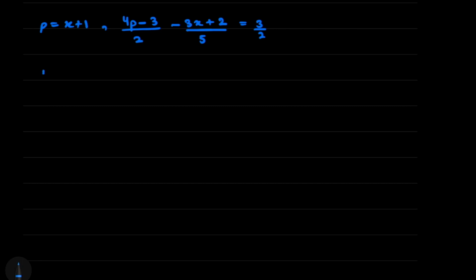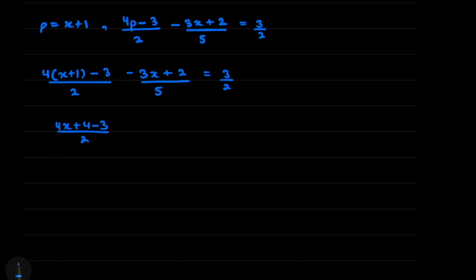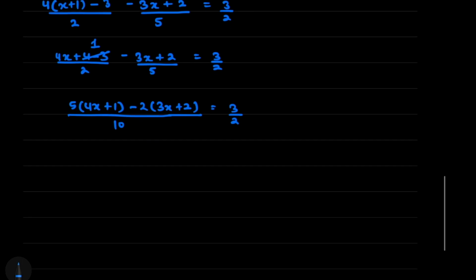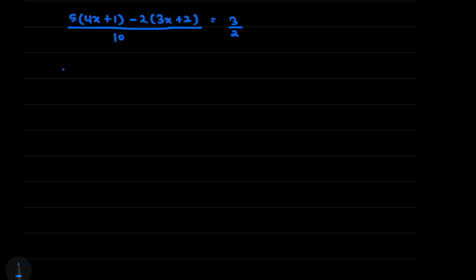Let's try that. 4x plus 4 minus 3 by 2 minus 3 plus 2 by 5 equal to 3 by 2. So we take the common denominator as 10. So we have 5 into 4x plus 1 minus 2 into 3x plus 2 equal to 3 into 3 divided by 2. Now let's solve for this.